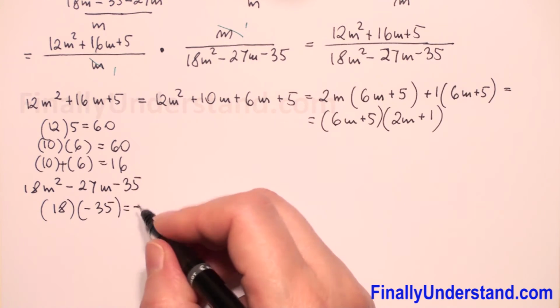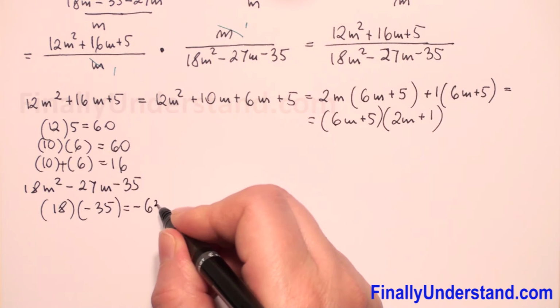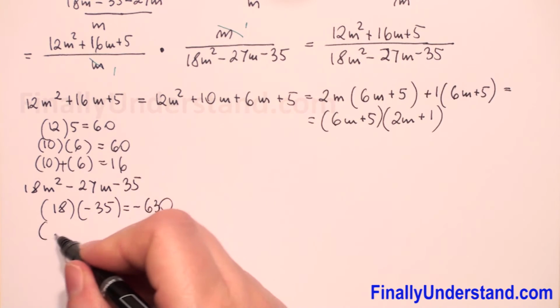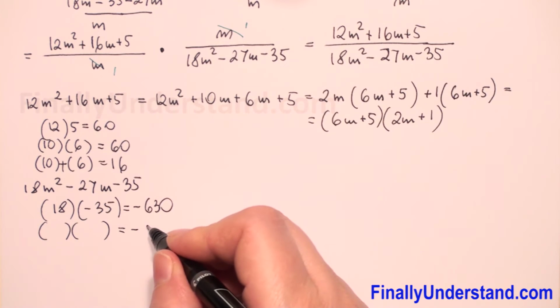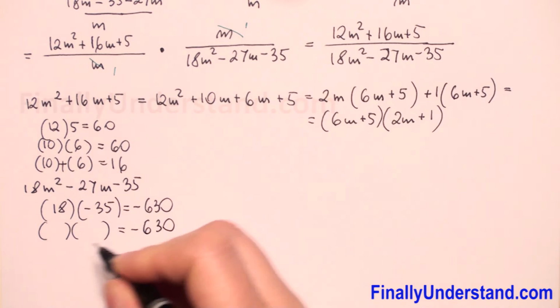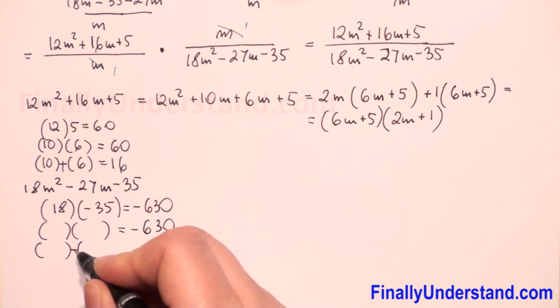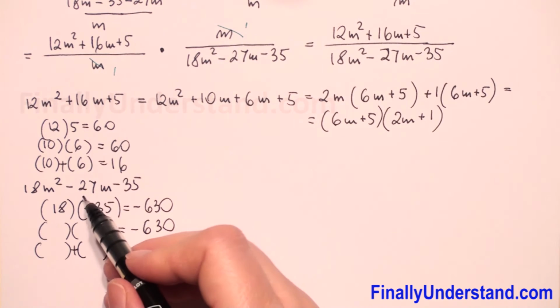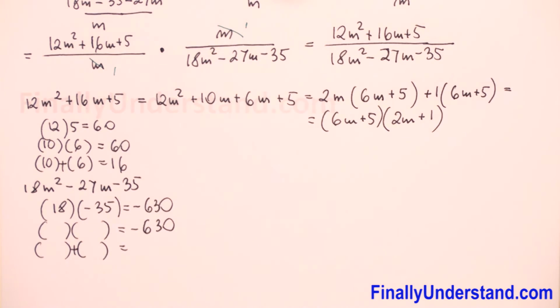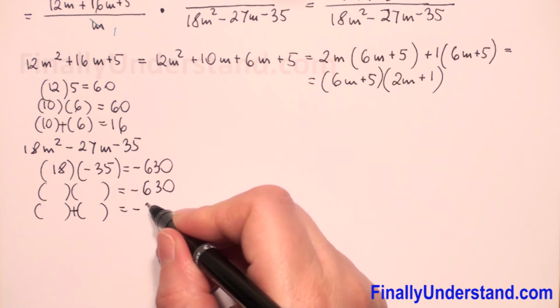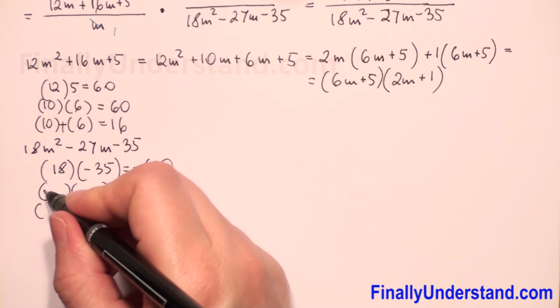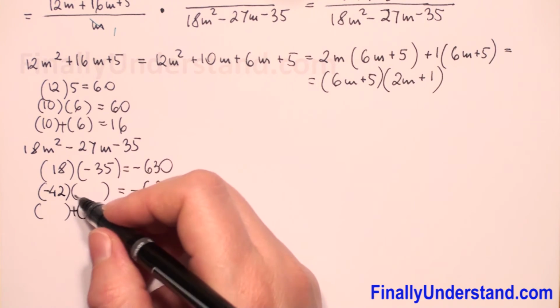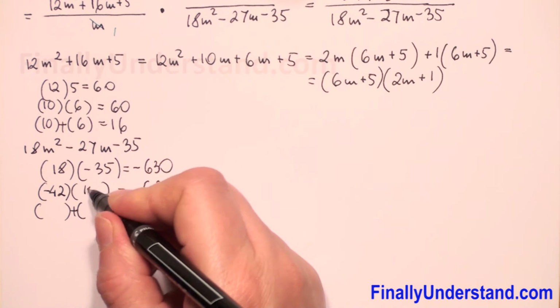Positive times negative will be negative 630. Next I need to find two numbers which I multiply and I will have negative 630, and when I add these two numbers I have to have the coefficient before m, which is negative 27. So this is negative 42 and 15.